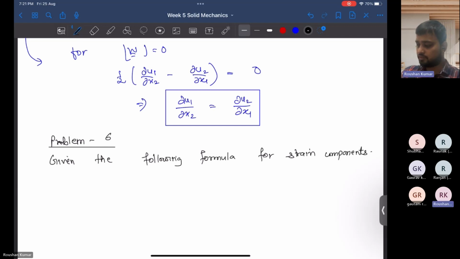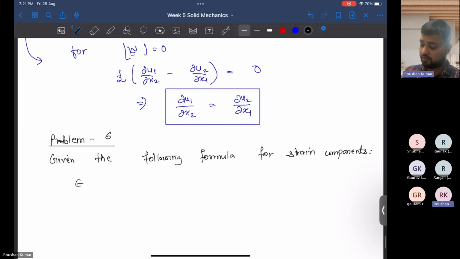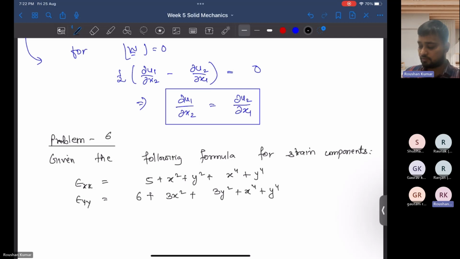The formula given here is epsilon xx, that is longitudinal strain along the x direction, given by 5 plus x square plus y square plus x to the power 4 plus y to the power 4. Epsilon yy is given here as 6 plus 3x square plus 3y square plus x to the power 4 plus y to the power 4.